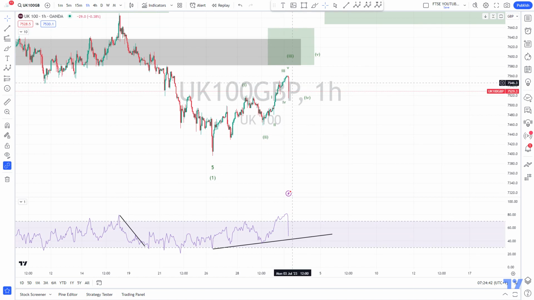What we have seen now is this dip to the downside, and this is actually quite good because if we start going up again from here, we will end into this area with divergence, and then this is a short for me.